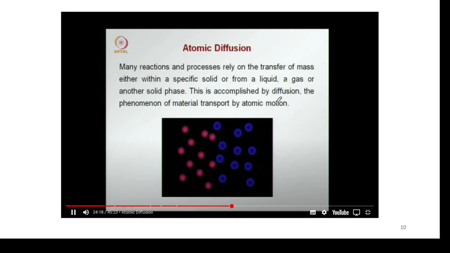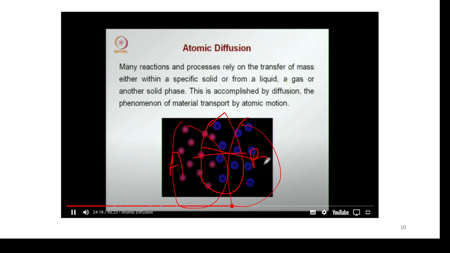Yeah. So, let us see what the next topic is about: atomic diffusion. Just now we have seen slip and dislocations, now let us look at atomic diffusion. So, what is atomic diffusion? When two different types of materials come together, and we heat them at a particular temperature, or provide some amount of energy to them, they will diffuse from each one into the other, and the center part will have alloy formation, where both material A and material B will be present.